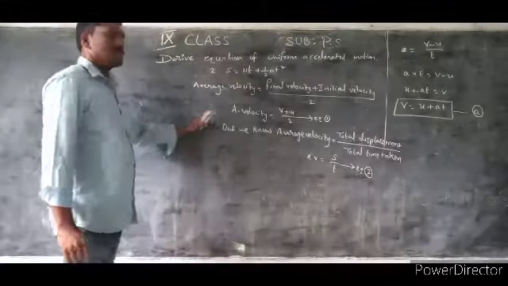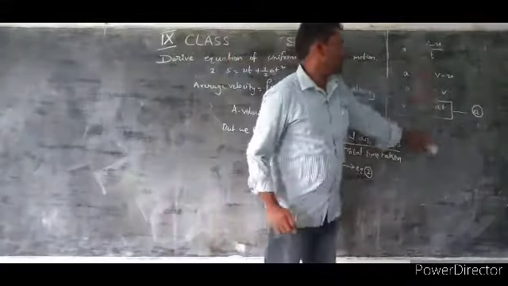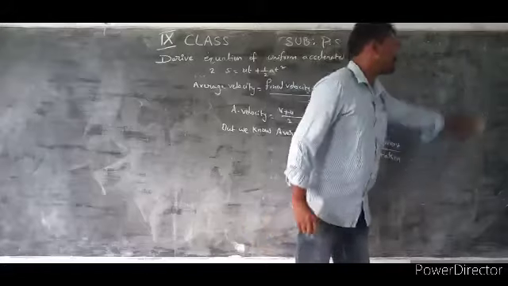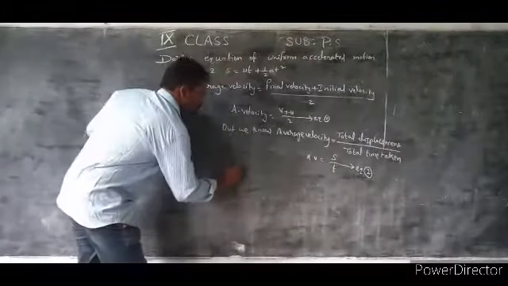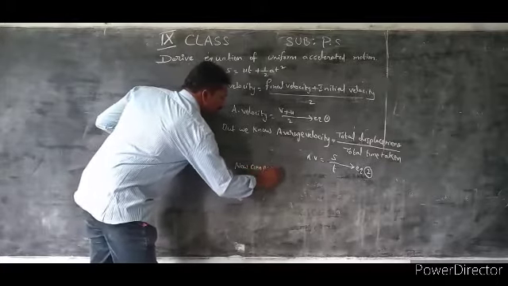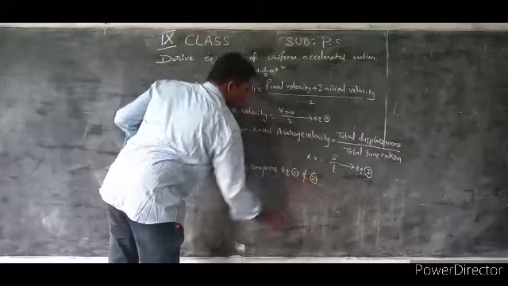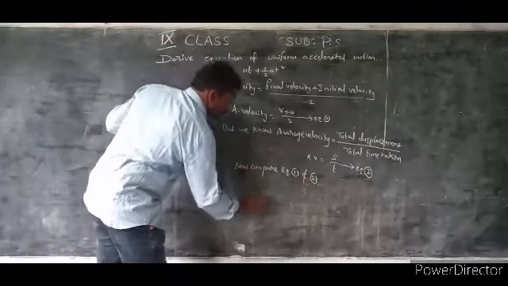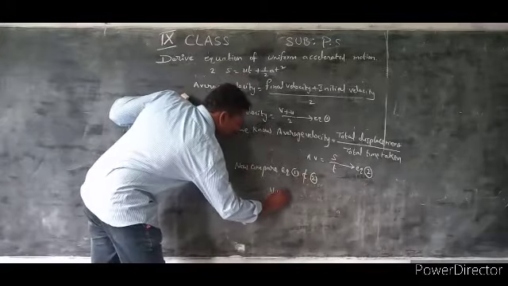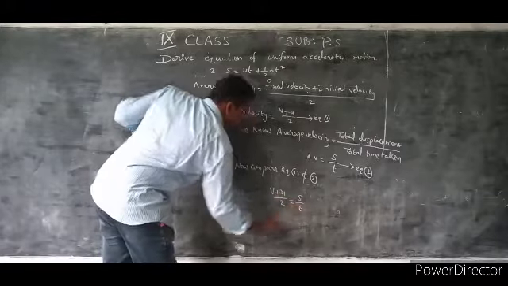Now compare equations 1 and 2. Here, v plus u by 2 is equal to s by t.